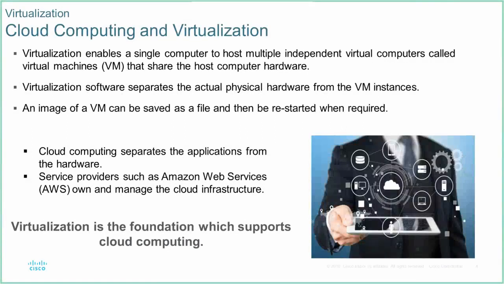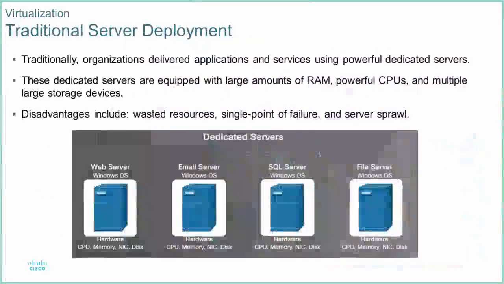So service providers such as Amazon Web Services own and manage their own cloud infrastructure, and with AWS it's very cheap and easy relatively to upscale and downscale your services as required compared to traditional hardware requirements. So traditionally we used to run different servers for each type of service we were offering.